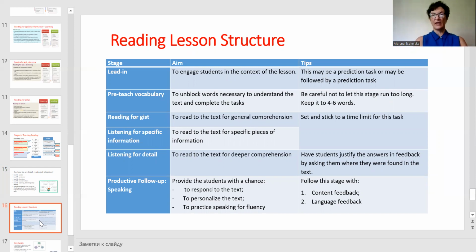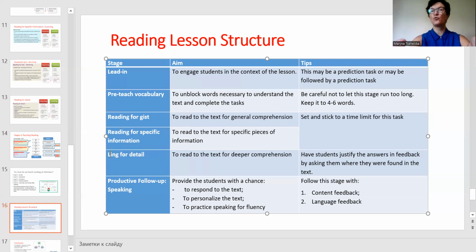We'll pre-teach the vocabulary, so then we'll read for gist first, then we'll read for specific information and for detail. And it is very important to remember that every reading, same as listening, should be followed by a productive follow-up.